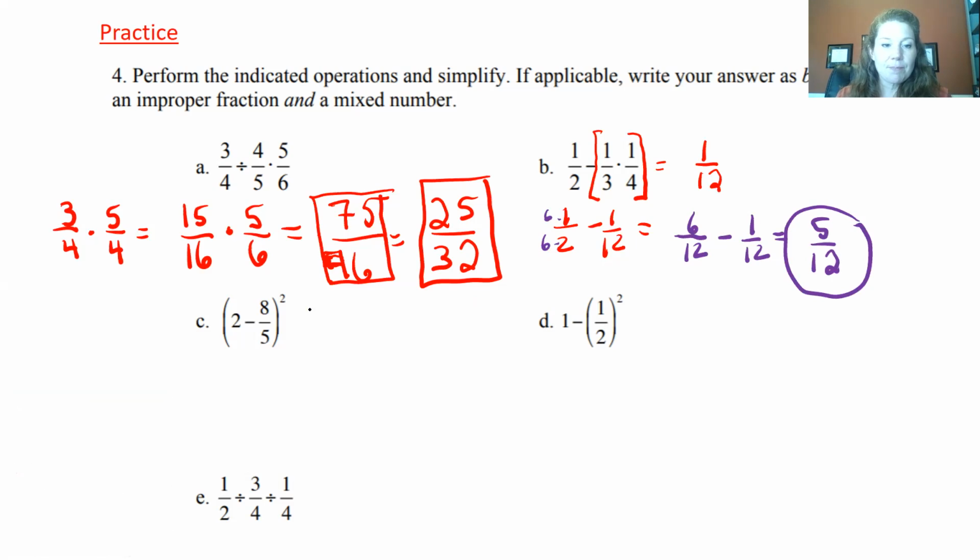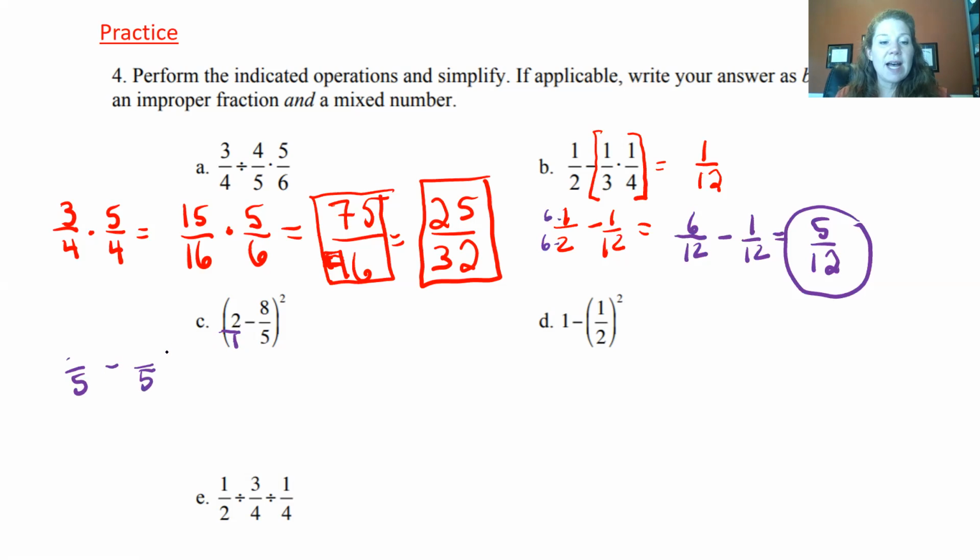That's our answer. Letter C, we have to do parentheses first, and then we're going to square it. So parentheses always comes before exponents. So for C, if we have 2 over 1, we need a common denominator, so we're going to make a 1 over 5.